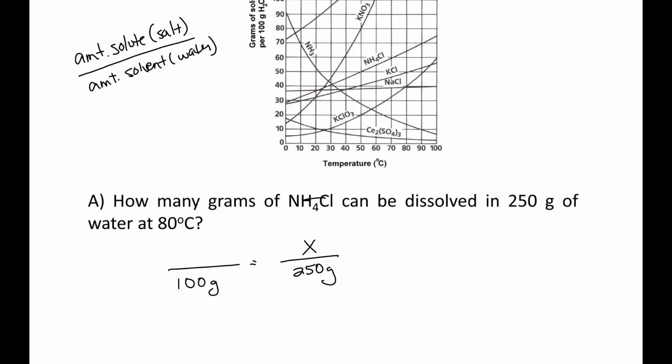Actually, let's change this to NaCl. It makes it so much easier. I don't know why I wrote NH4Cl. Okay, so 80 degrees and NaCl is right here, and that's 40 grams. So X is 250 times 40 divided by 100.